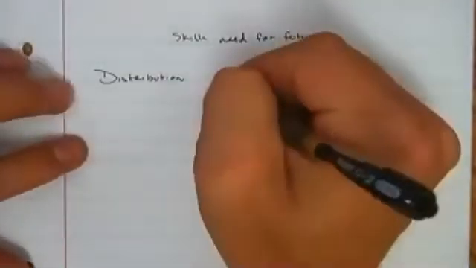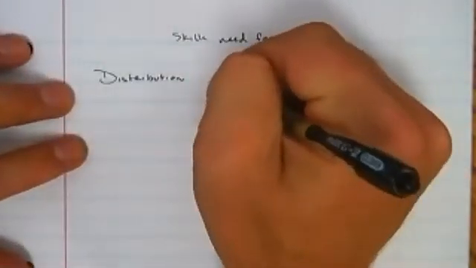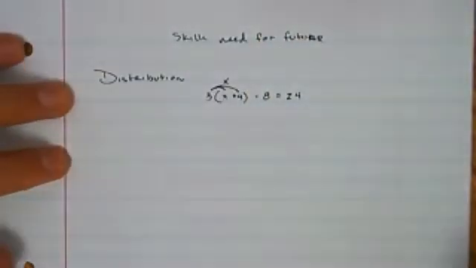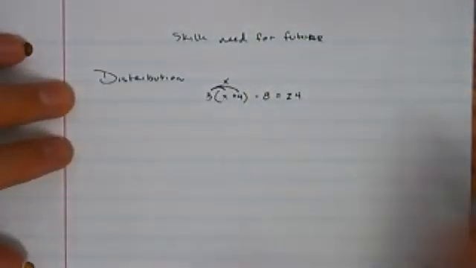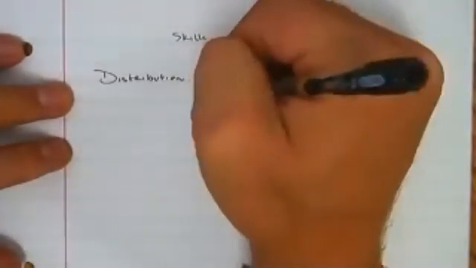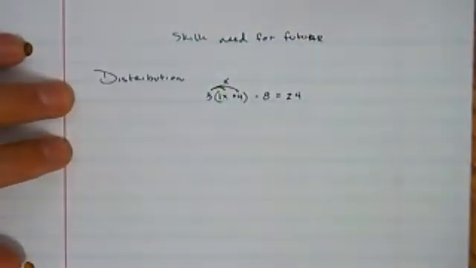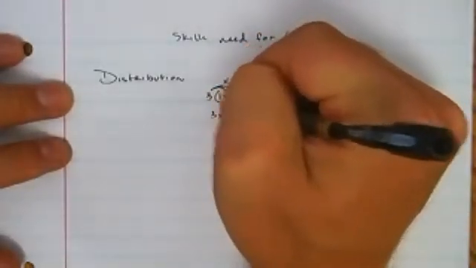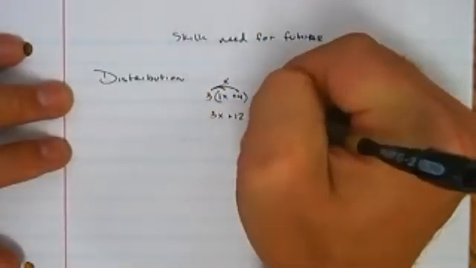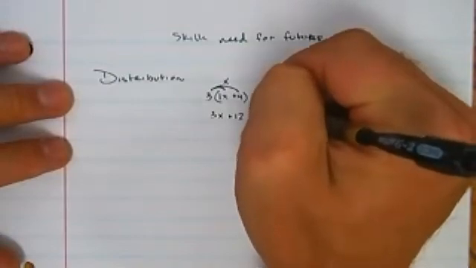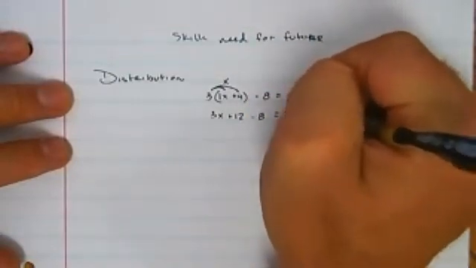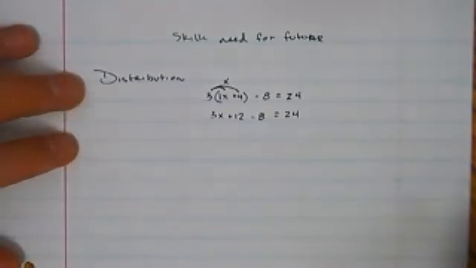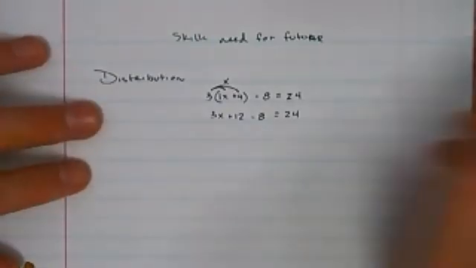We've got the distribution happening here, which is multiplication. I'm going to multiply that 3 times the coefficient of x, which in this case is 1, and the 4. So that becomes 3x plus 12 minus 8 equals 24.